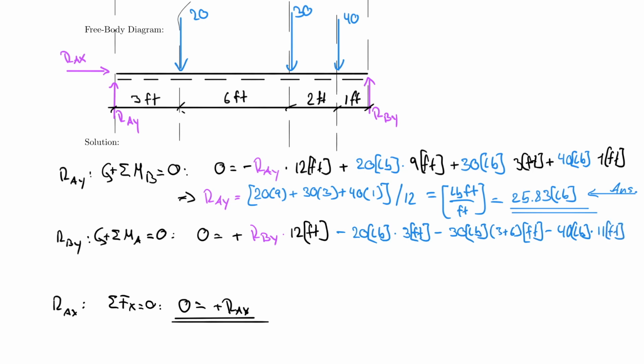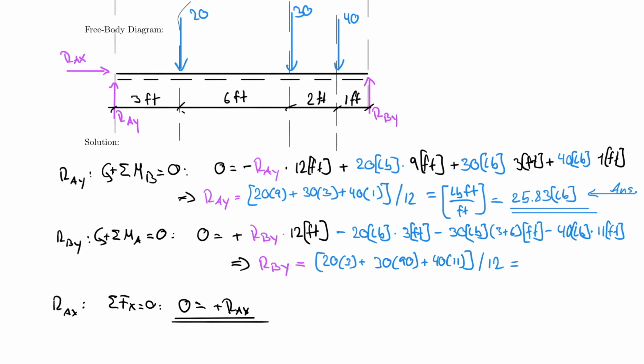And so I can now rearrange that equation as well. And so I can find that RBY is equal to 20 times 3 plus 30 times 9 plus 40 times 11, and this whole thing as well divided by 12.